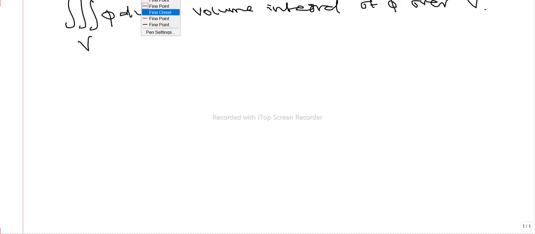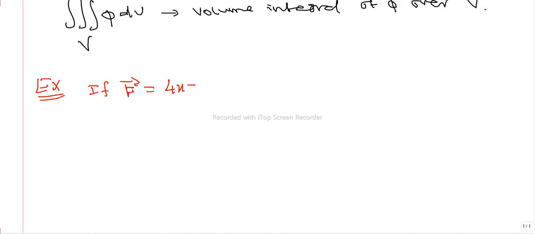So exercise: suppose F vector equals 4x i vector minus y square j vector plus yz k vector.